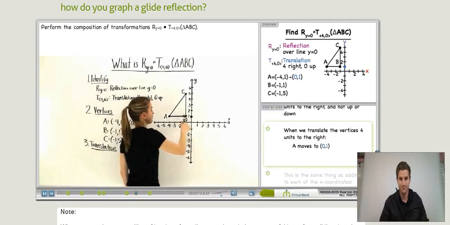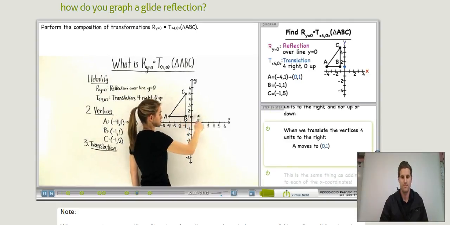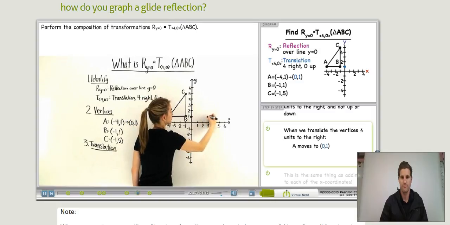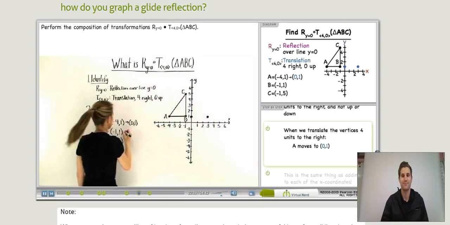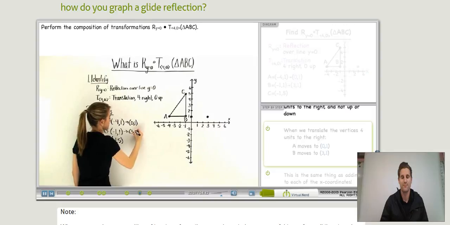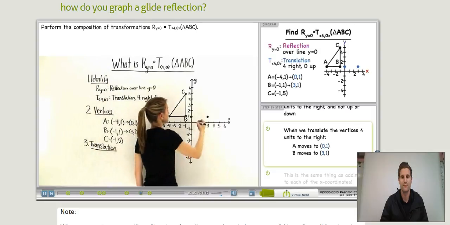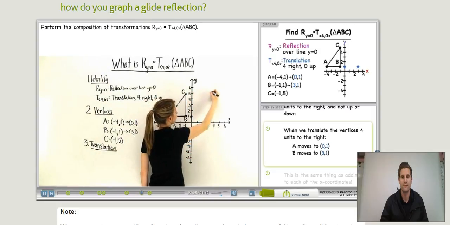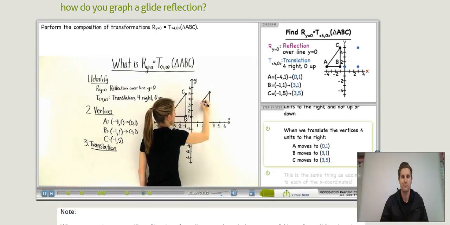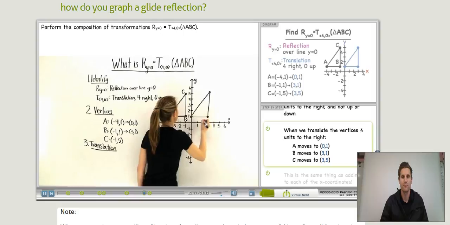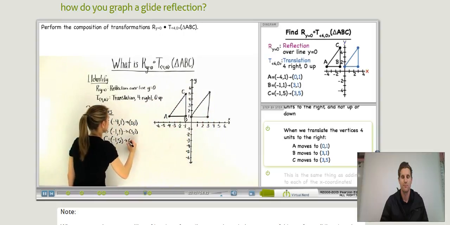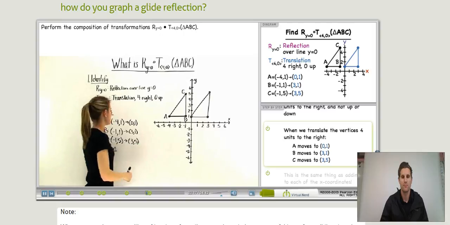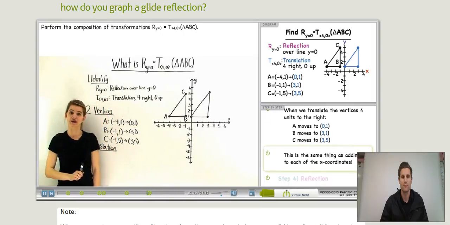Okay. If we move point B 4 units to the right, we'd be 1, 2, 3, 4. We'd be right here at the point 3, 1. And if we move point C 4 units to the right, we'd be right here at the point 3, 5. Now notice, translating 4 units in the positive x direction was the same thing as adding 4 to the x coordinate.